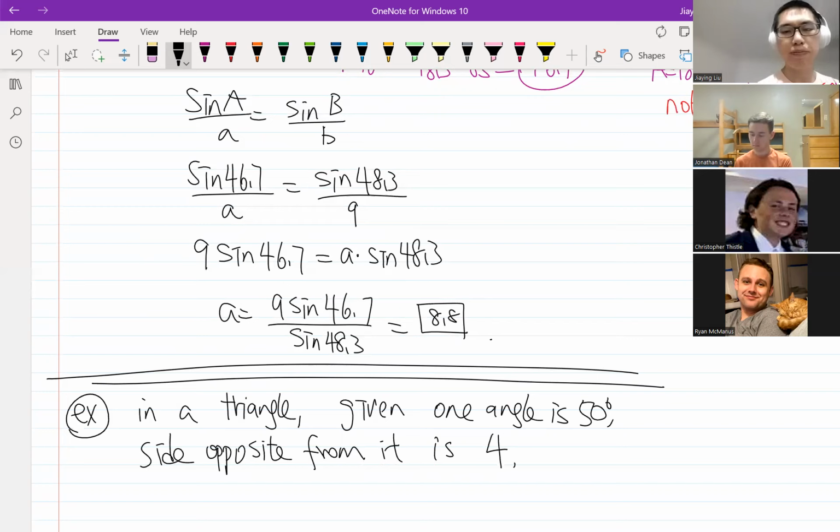So that's the length. And another side is 10.